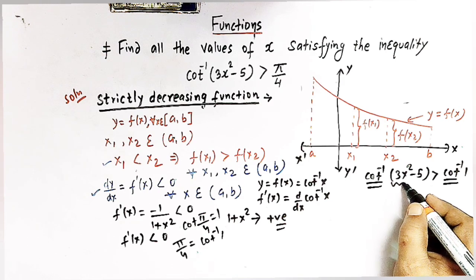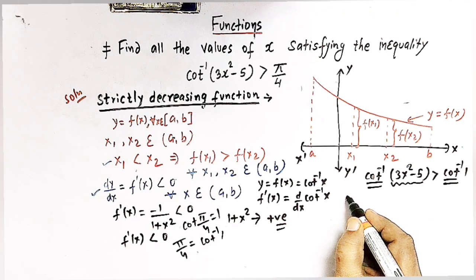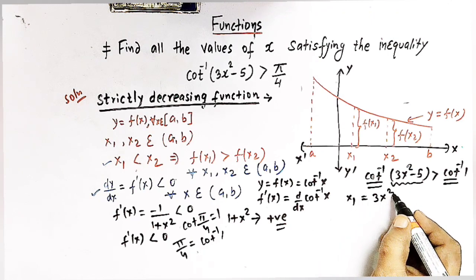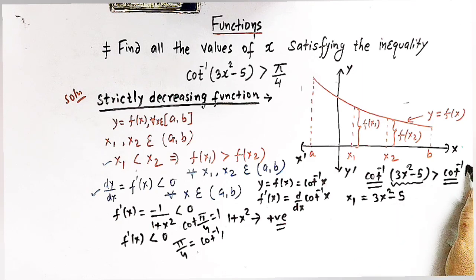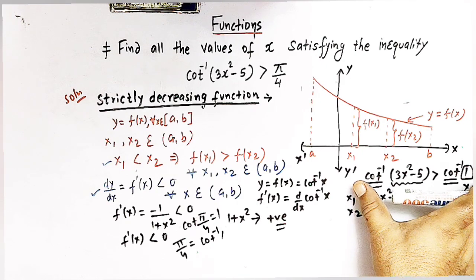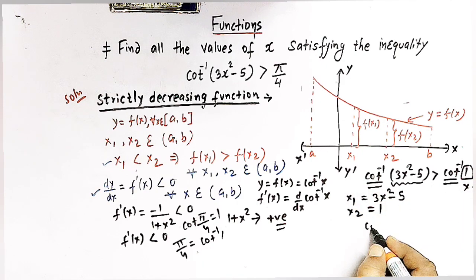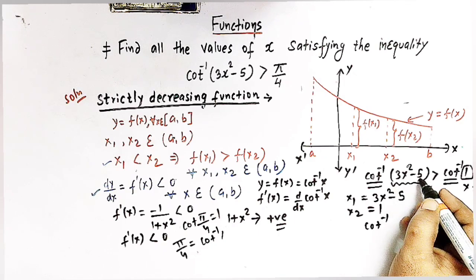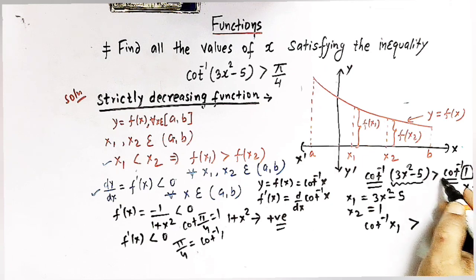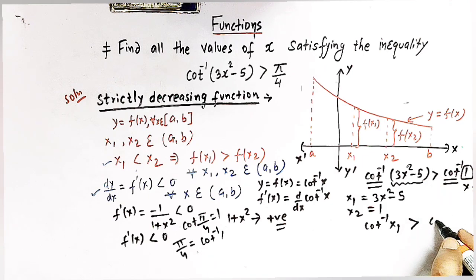right? So let us take this input, that is 3x square minus 5, as x1. So we can take x1 is equal to 3x square minus 5, and let us take this input as x2. So we can take x2 is equal to 1. So now this inequality reads as cot inverse, and here 3x square minus 5 may be taken as x1, and here we have the greater than sign, then we have cot inverse x2, right?